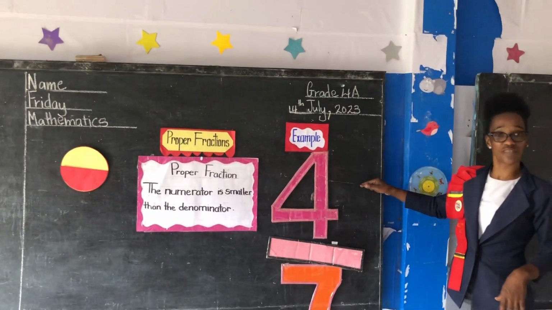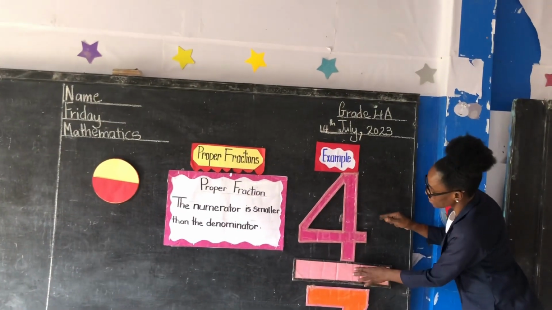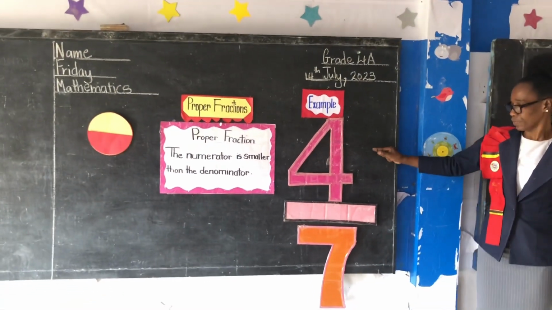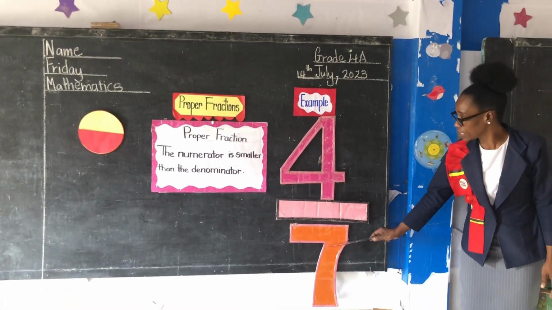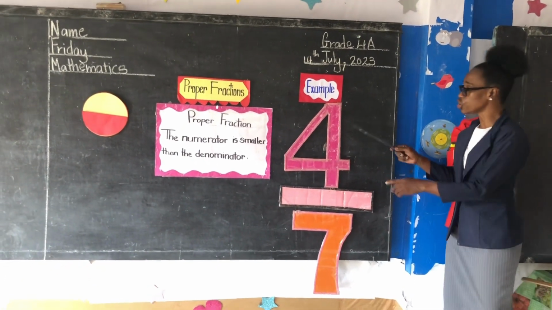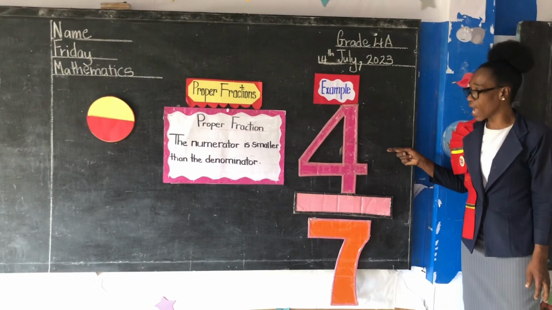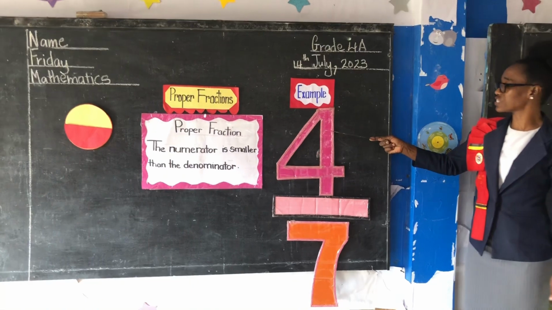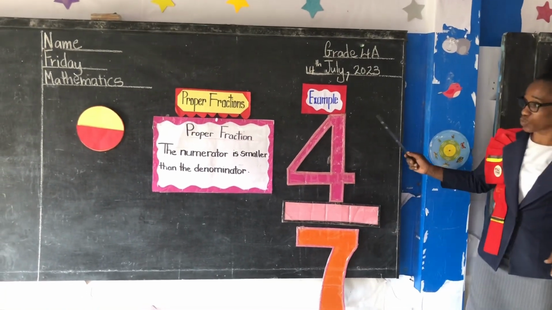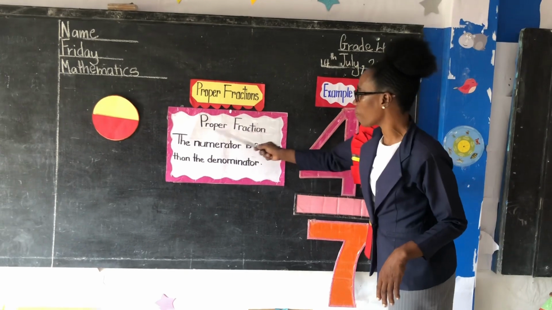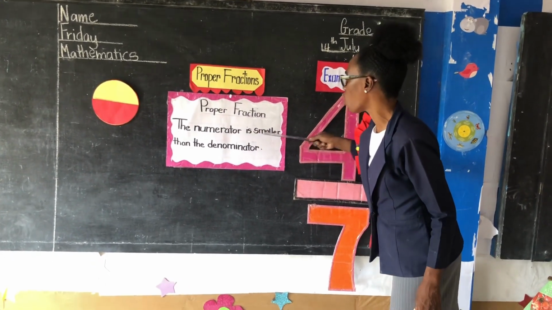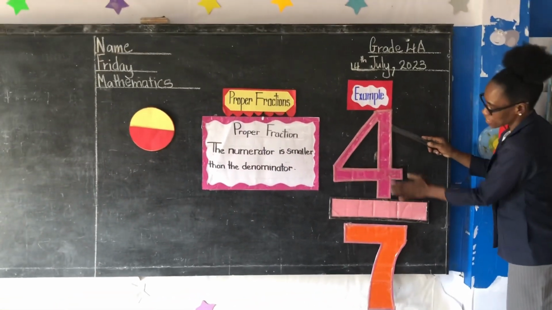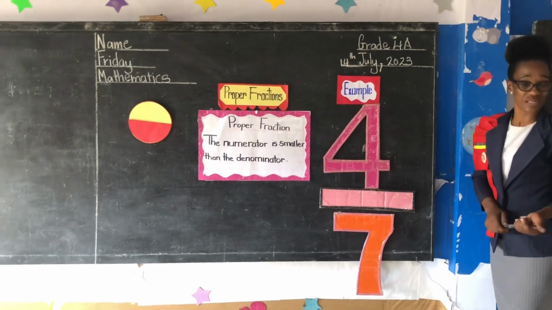This number is known as the numerator. Then we have the denominator. And what you notice here is that the numerator is 4. Is 4 smaller or greater than 7? Yes, 4 is smaller than 7. So that is what we say in our definition. Proper fraction, the numerator is smaller than the denominator. Here we have the representation. 4 is smaller than 7. Do you understand, boys and girls?